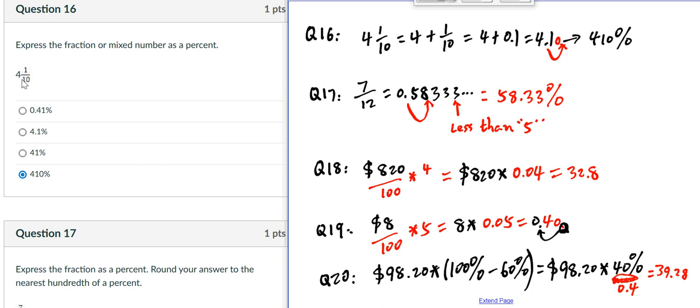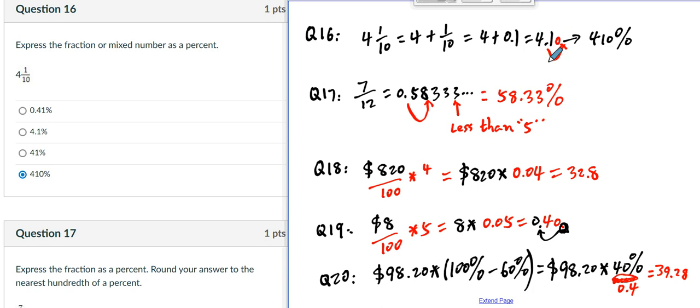The meaning of the mixed number 4 and 1/10 is actually 4 plus 1/10. We know 1/10 is 1 divided by 10, which is 0.1. So 4 plus 0.1 is 4.1.